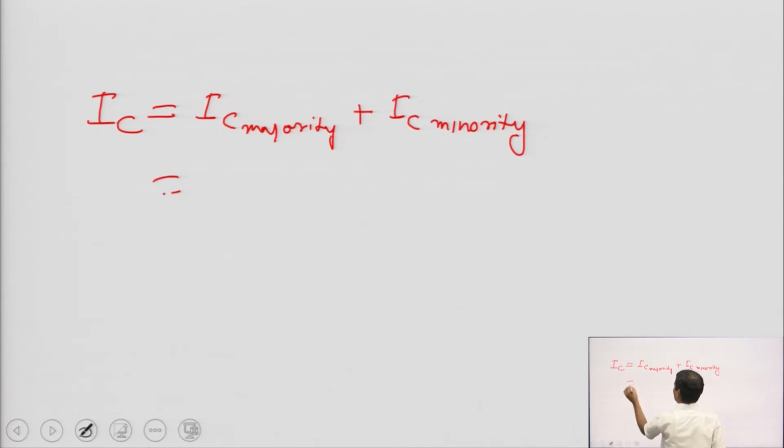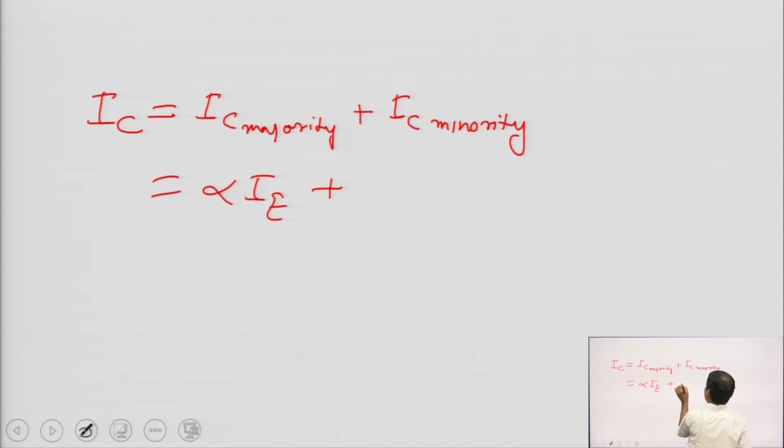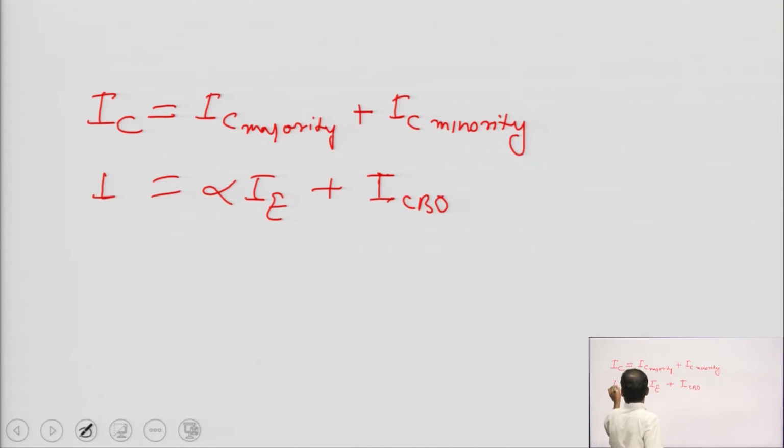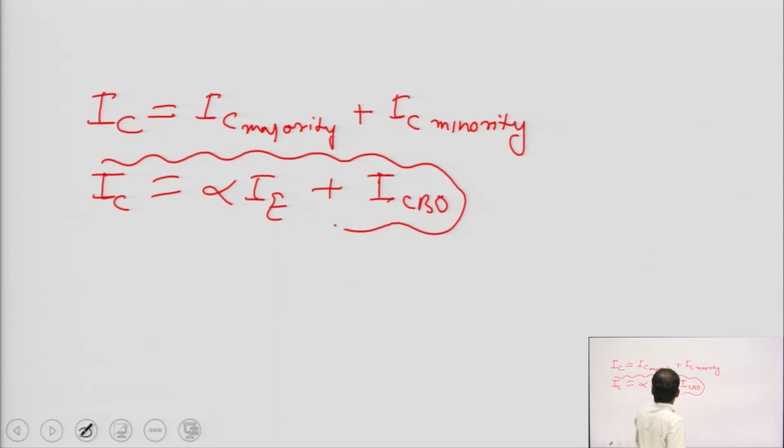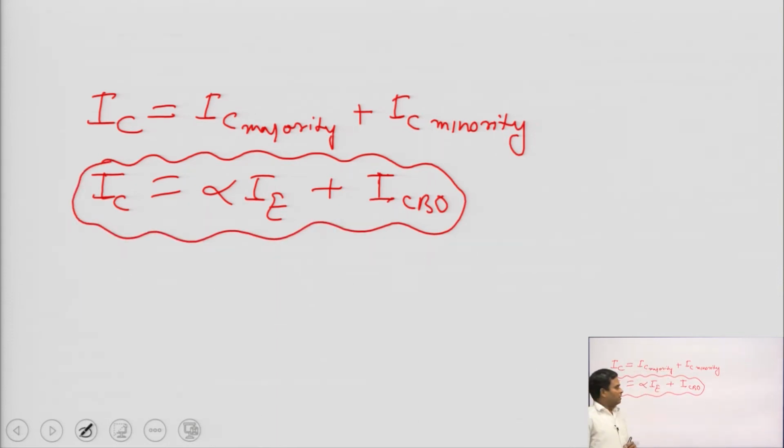IC majority is alpha IE, which we have already discussed, and IC minority is the ICBO. So, this is the total output current here.